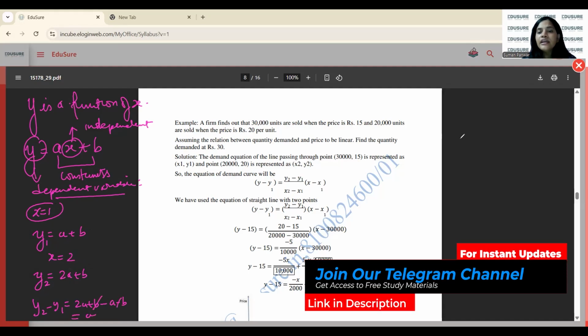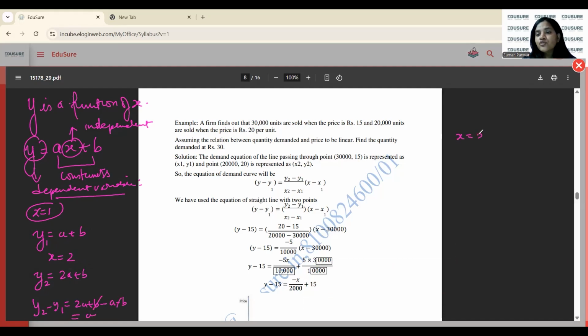Similarly, if you now choose x to be 3, from 2 to 3 again the difference is 1. So y3 will be 3a + b, and y3 - y2 will again be a. So with a 1 unit change in x, there is an a unit change in y.